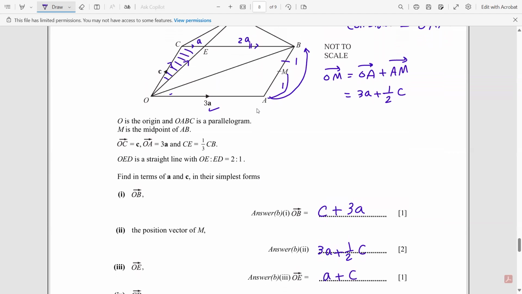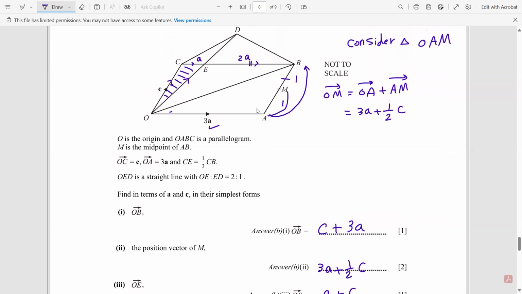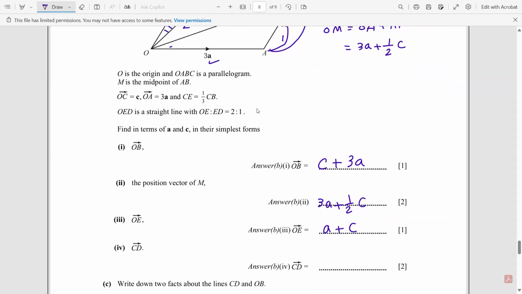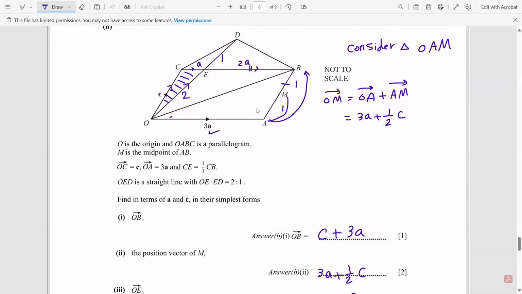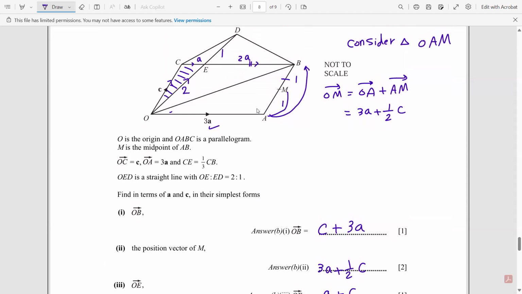Okay? But mentioned here, OED, this side, is a straight line with OE to ED being 2 to 1. So this is 2 parts, and this is 1 part. Now the next question asks about the CD vector. CD vector is really considered part of OE. It's not part, it's more than one whole of OE.